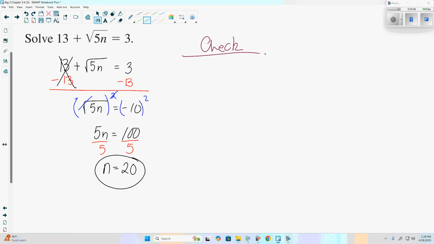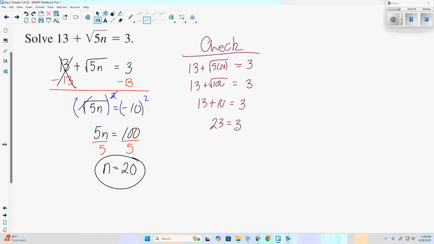We'll go on and check it just to make sure. 13 plus the square root of 5 times 20 is equal to 3? 5 times 20 is 100. What's the square root of 100? 10. 13 plus 10 is 23.